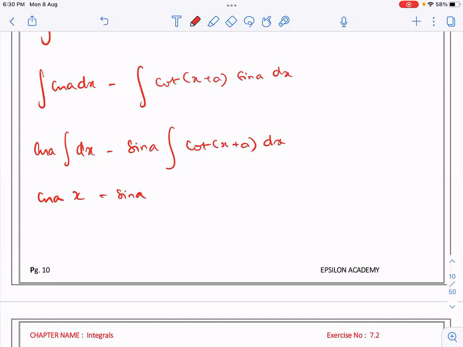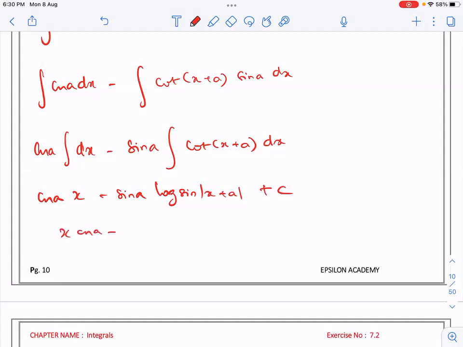So what is the integral of cot x? It will be log of something. What is it? Log of sin x. Okay. So it will become log of mod sin of x plus a plus c. So this should be the final answer.